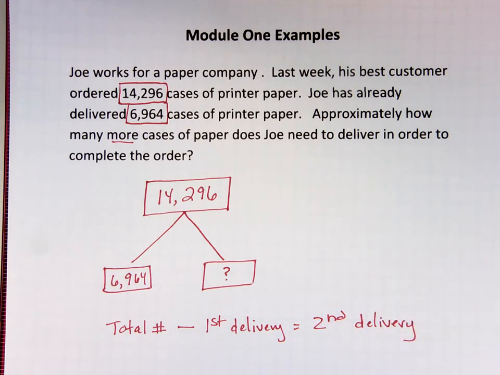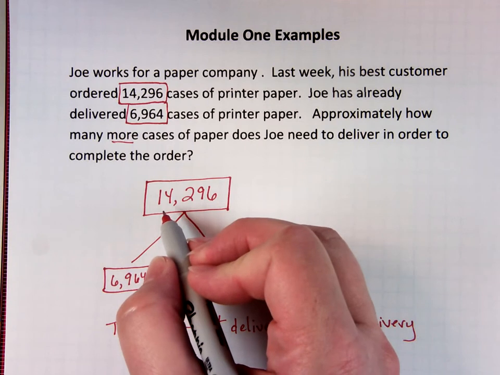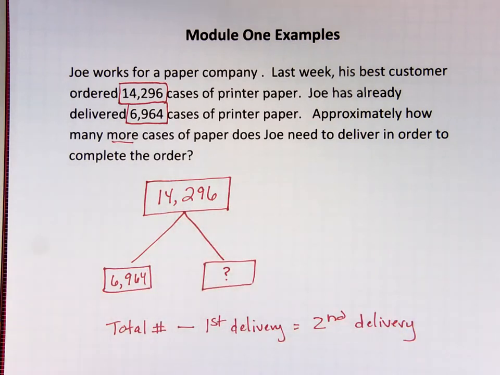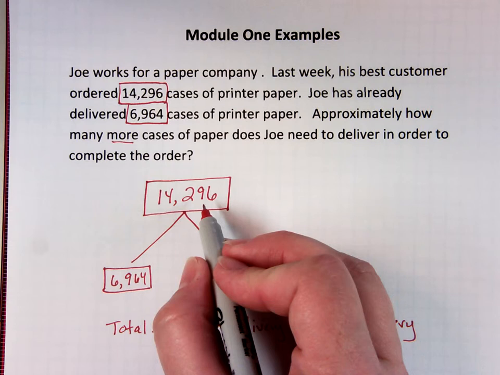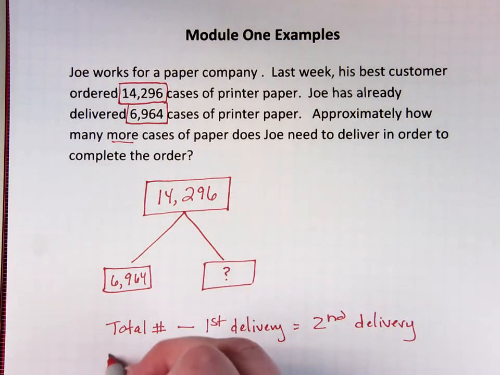Let's estimate the answer, which is what we are working on in Module 1. Here I'm going to round to the thousands place to make it easier. 14,296 rounded is going to be approximately 14,000.